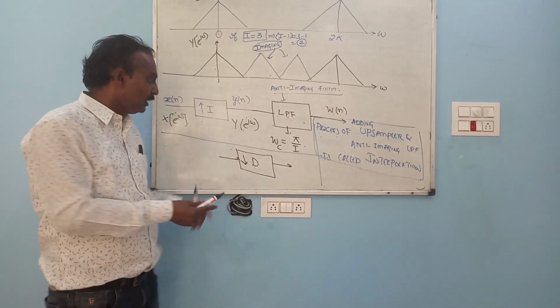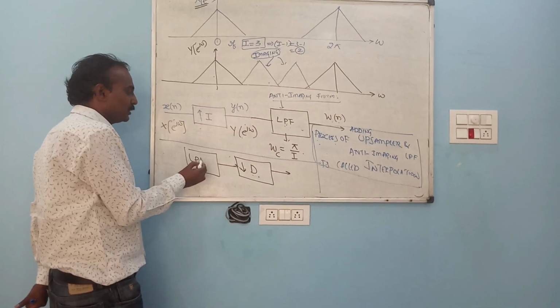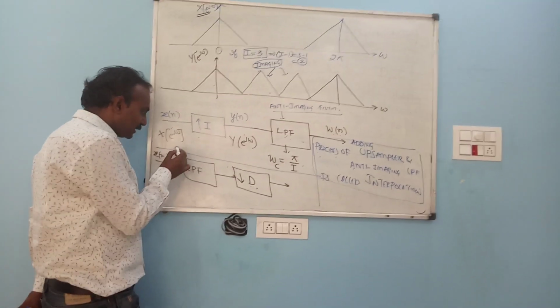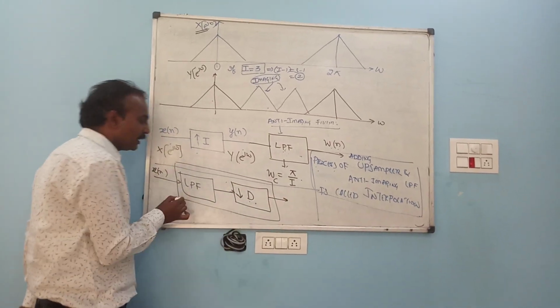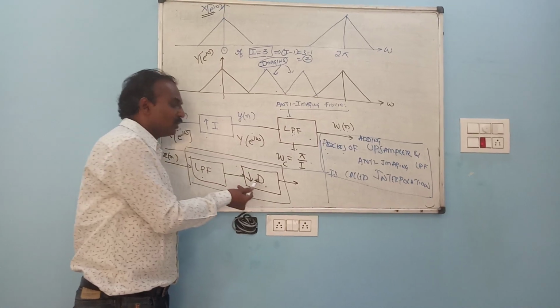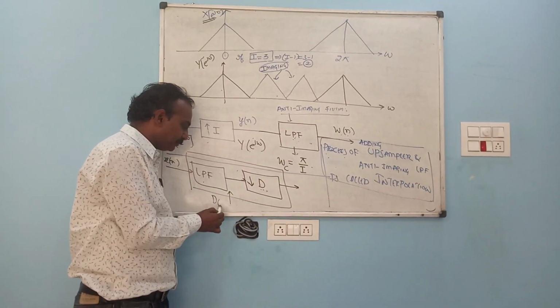To avoid aliasing, before downsampling we apply a low pass filter to the given signal x of n. This combined process of adding a low pass filter before a downsampler is called decimation.